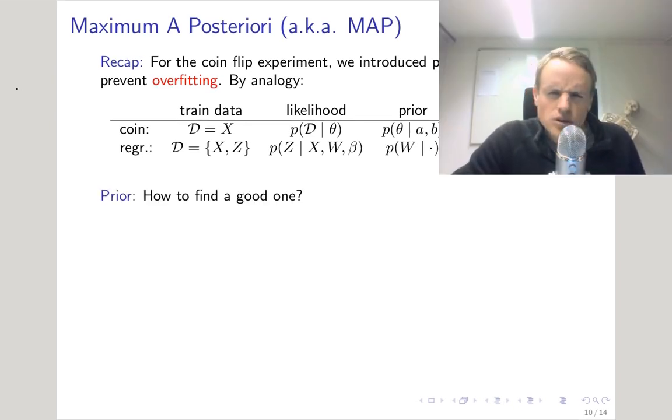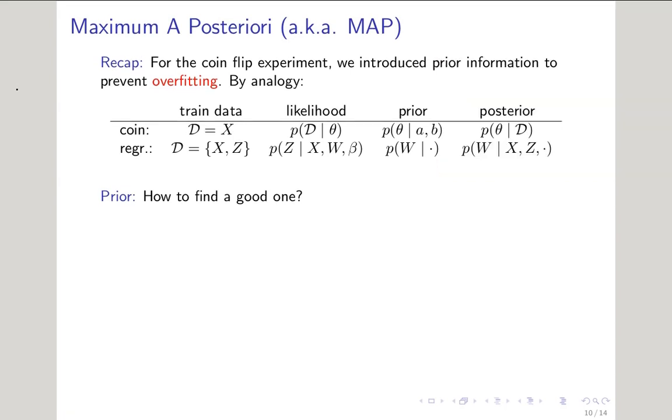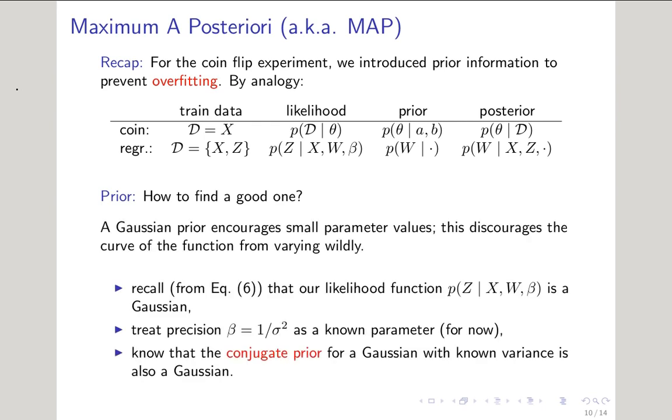But how does one choose a suitable prior? Well, that really depends on the problem that you're trying to solve. But an easy one to choose is a Gaussian. A Gaussian prior encourages small values because it puts more probability close to the mean.